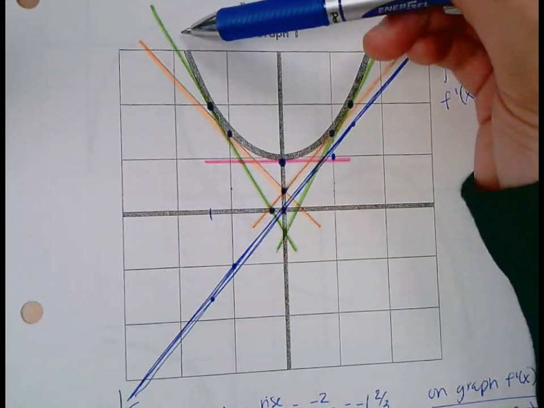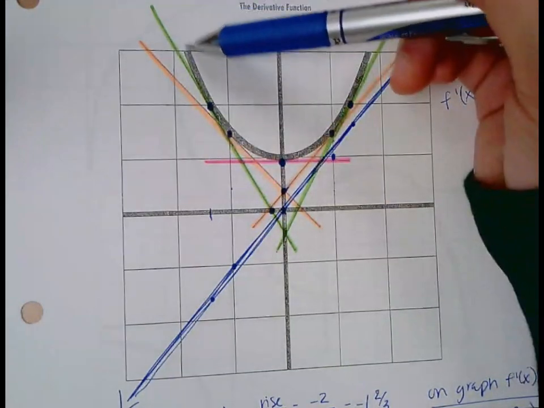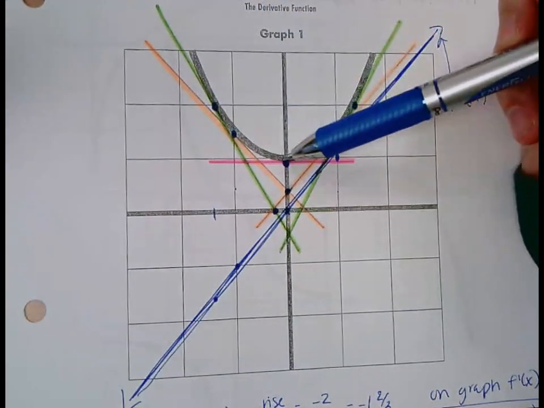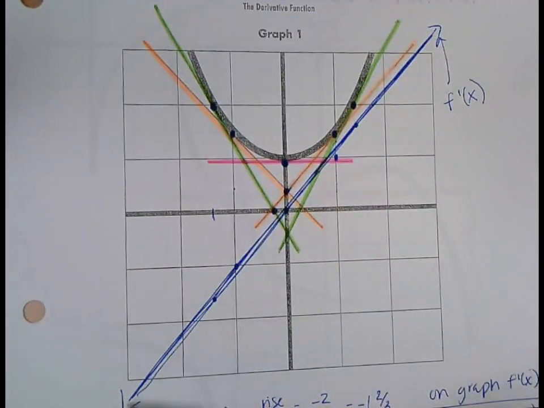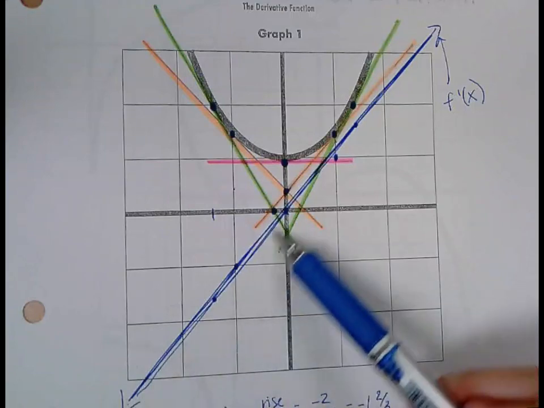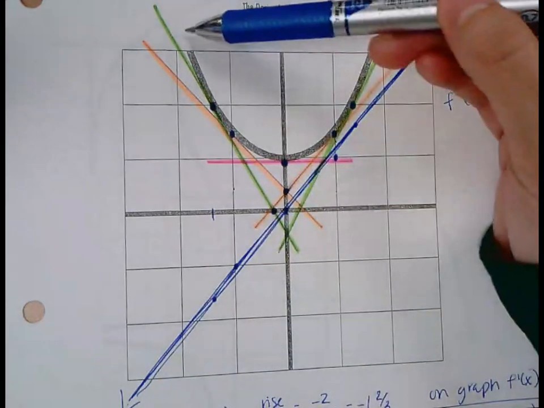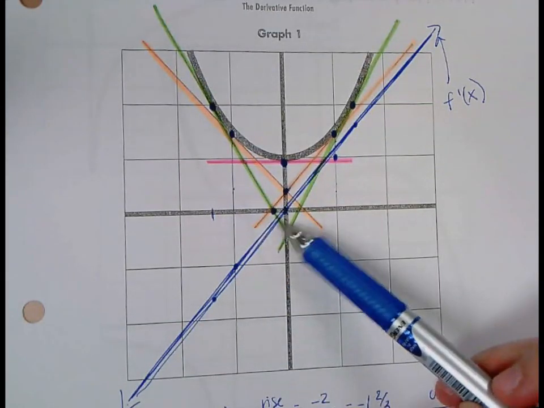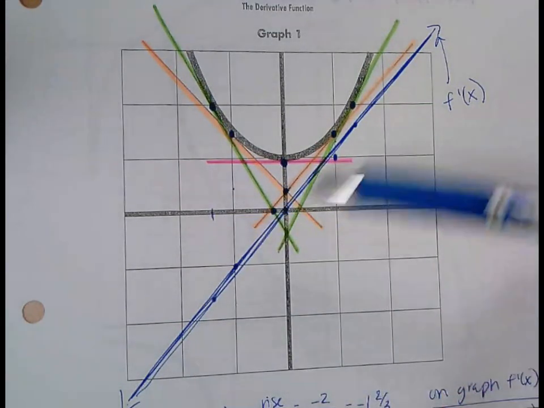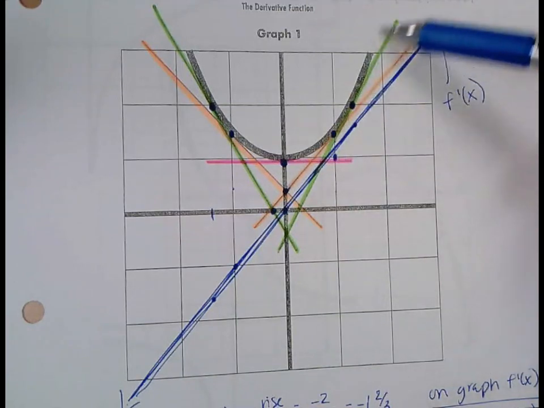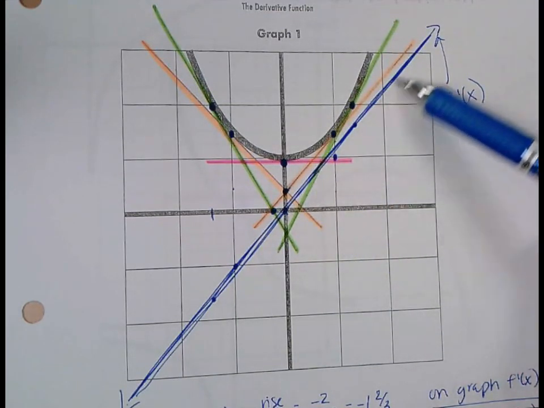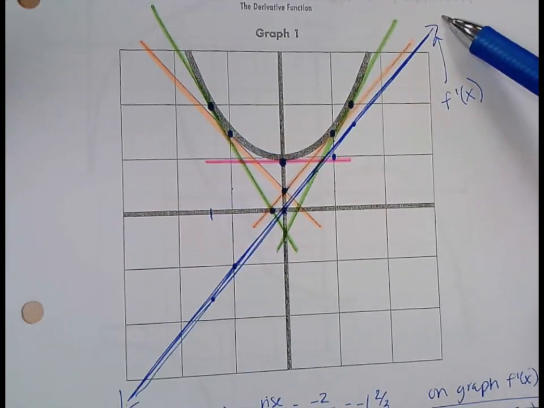So notice on the interval from negative infinity up to 0, f is decreasing, and your derivative then, all of these values are negative. So if f is decreasing, that means the derivative will be negative. All those y values are below the x-axis. If f is increasing, as it is from 0 to positive infinity, then f prime, all of those values are positive.